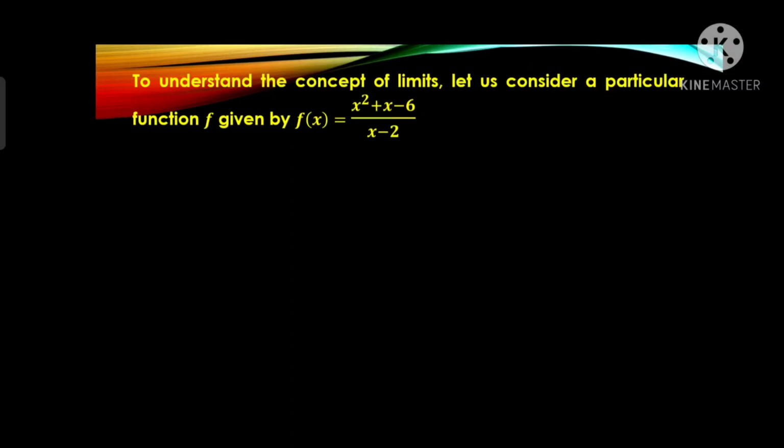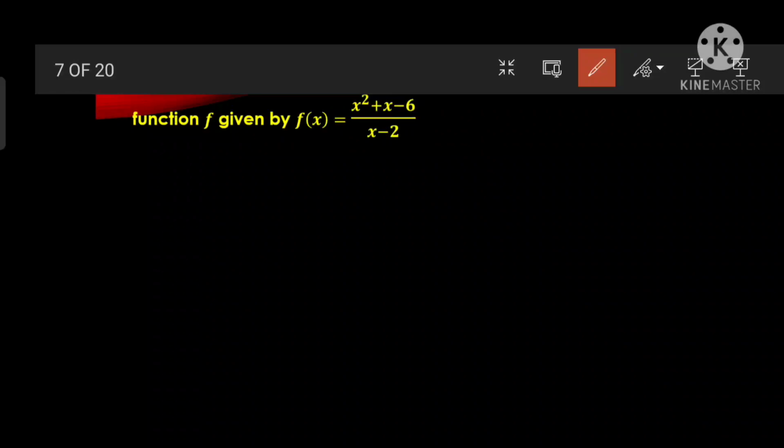There are two ways to do that: numbers from the left of 2 and numbers from the right of 2. We will assign numbers closer to 2 from the left and numbers closer to 2 from the right. It is important to note that the given function will not be defined when x equals 2, because we have here a rational function.